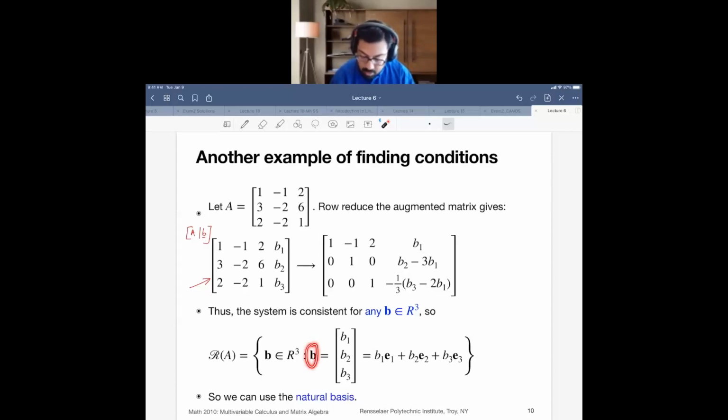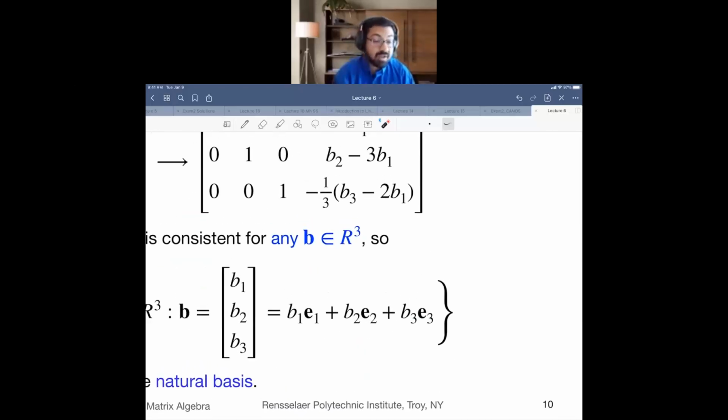Which means that you can take any B, right? So now the range is going to be defined as the set of B's that belong to R cubed, where B is any B, so B1, B2, B3, pick any one. And how are you going to represent it? You need to find the basis, right? Any B can be obtained by taking B1 multiplied by the unit vector (1, 0, 0), plus B2 times E2, (0, 1, 0), plus B3 times E3, (0, 0, 1).